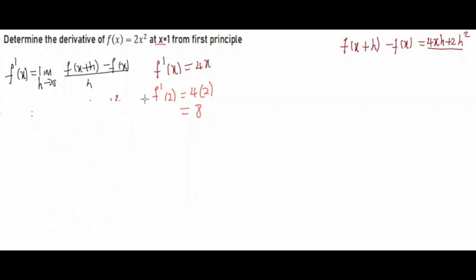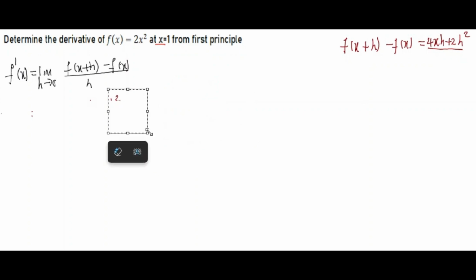We still need to determine f at x plus h. But where there is x, we're going to put 1 because it's our x. And let's see if we really get 4. So let's say f prime of 1. Did I write 2 there? It should be 1.